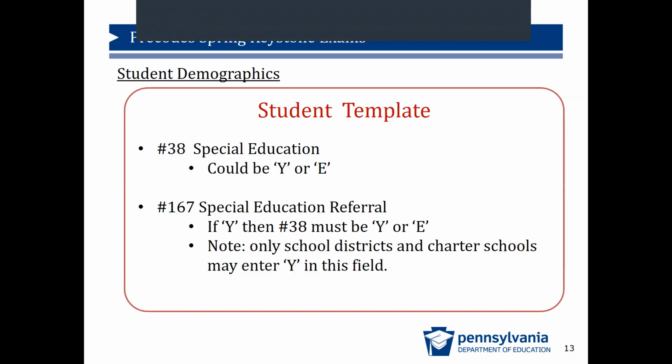Additional fields to be aware of are fields number 38 and 167, which refer to special education students. Field 38 must be Y or E for field 167 to be Y. Only school districts and charter schools may enter Y in field 167.